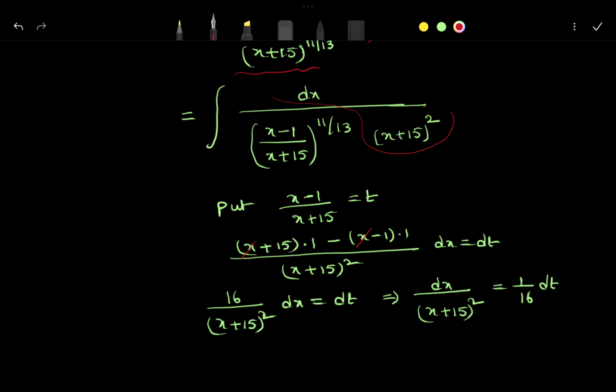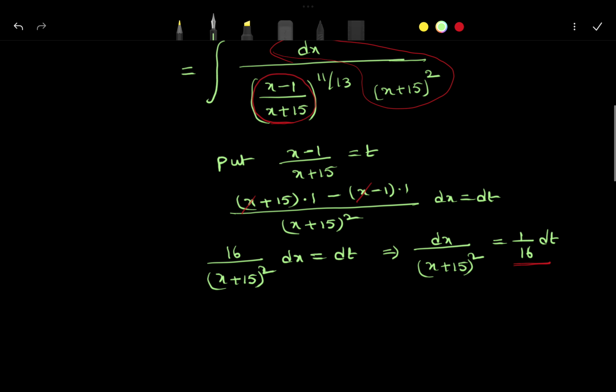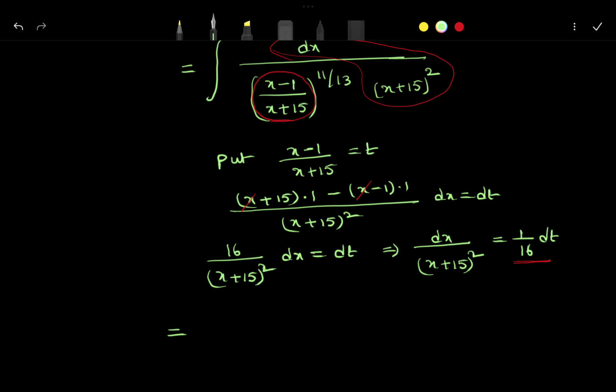And you know (x minus 1) by (x plus 15) is t. Substituting, the integral becomes the integration of 1 by t to the power of 11 by 13, into dx by (x plus 15) whole square, which can be written as 1 by 16 into dt.